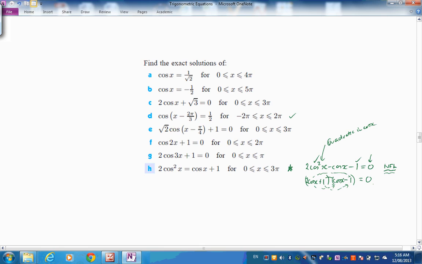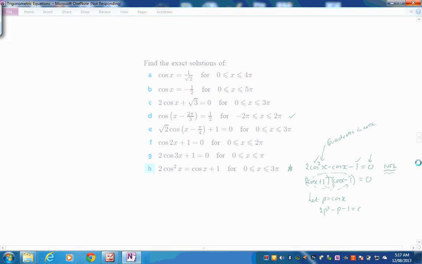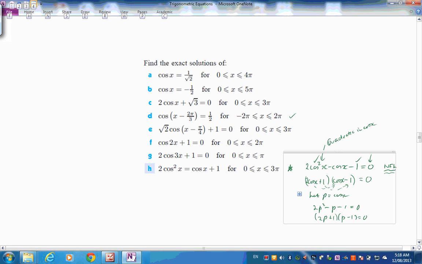Here it checks. Now if you don't like that method, you could let p be equal to cos x, and then it becomes 2p squared take p take 1, and you might find that easier to work with. It would look like this, and then you could go on there replacing p at the end with cos x.